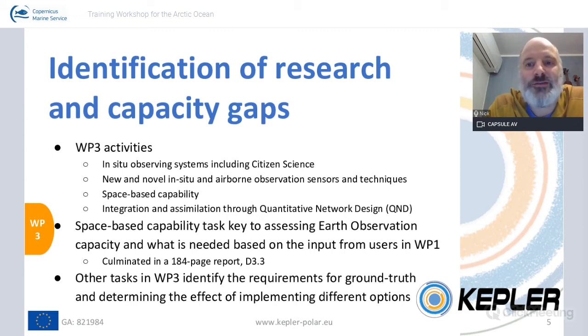But how those could be addressed by bringing in things like citizen science programs. We looked at new and novel in situ and airborne observation sensors and techniques. So this started to look at some of the ideas people have for high altitude pseudo satellites, use of drones in the Arctic, and then maritime equipment like gliders and underwater vehicles.